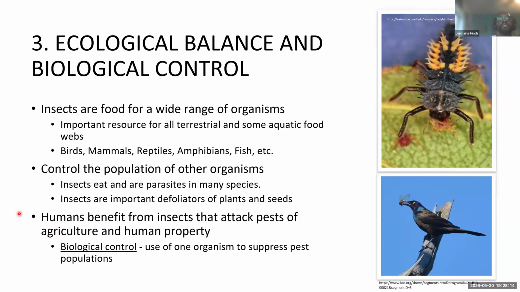Humans benefit from insects that attack pests of agriculture and human property, and that's called biocontrol. That's one use of one organism to suppress pest populations. This is an example of a lady beetle larva. Remember, this is going through holometabolous development, so the larva looks very different from the adult. A larval lady beetle has an almost alligator-shaped body.